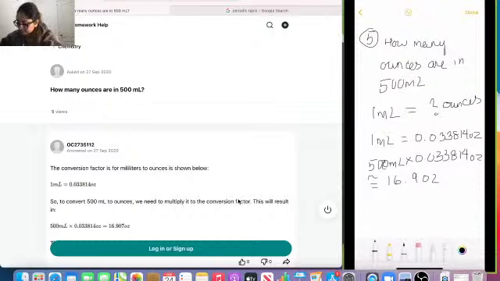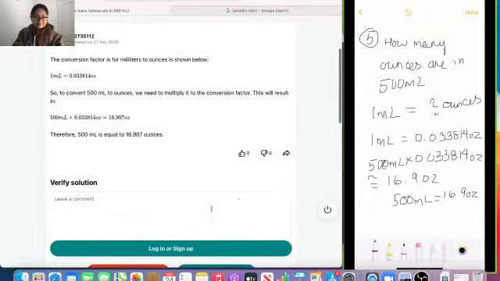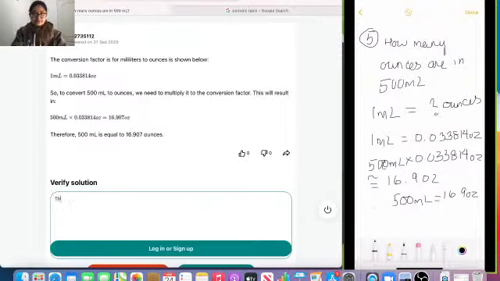Okay, and so therefore we can say 500 ml is equal to 16.9 ounces. Yeah, this is correct.